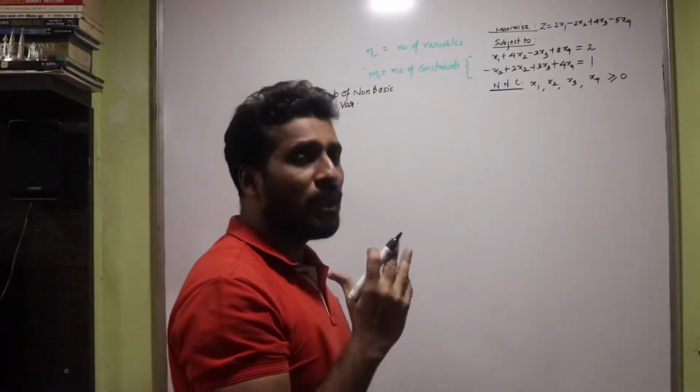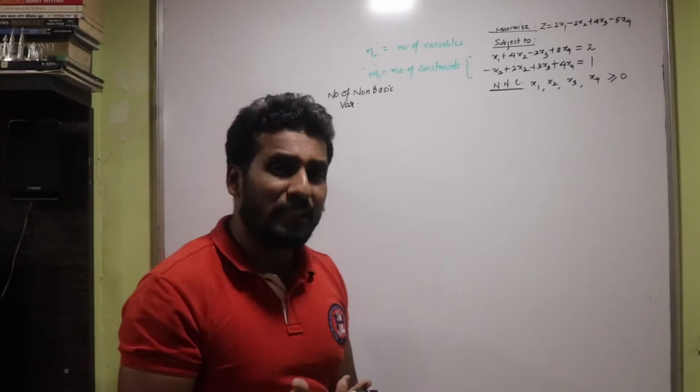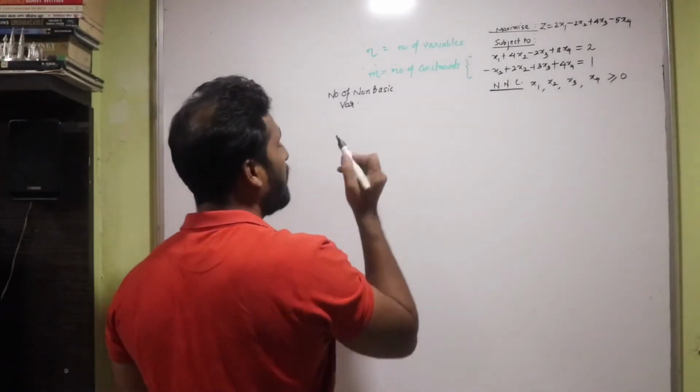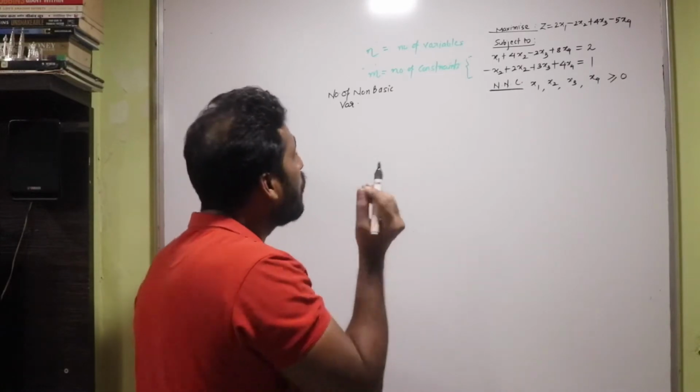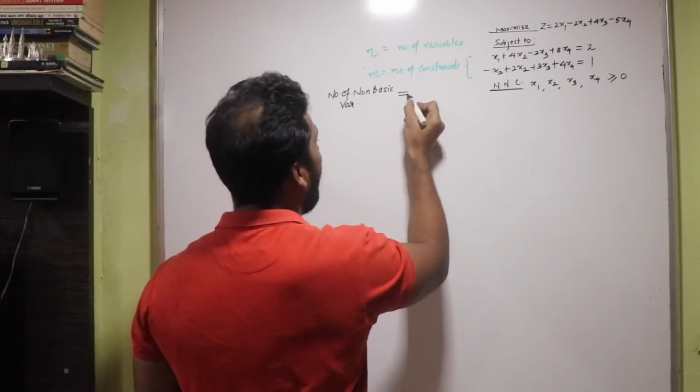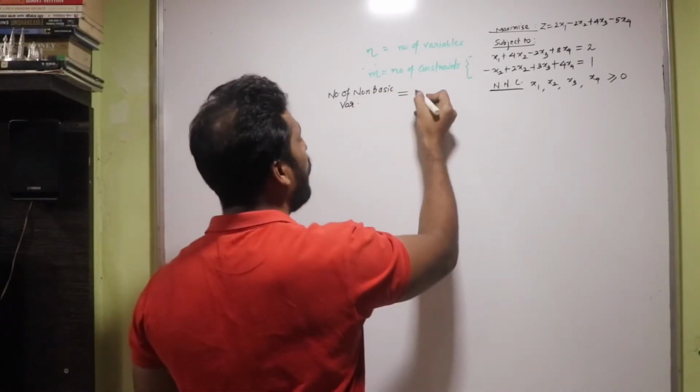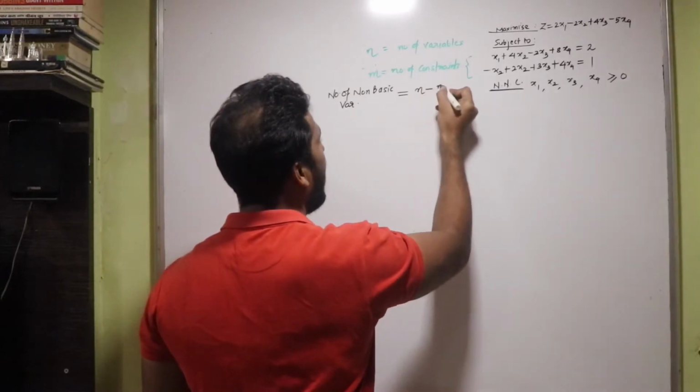So has this question popped up in your mind? What's a non-basic variable first of all? So students, wait for a moment. I'm going to tell you in a fraction of a second what is a non-basic variable. So first of all, the number of non-basic variables, I'm going to get it by doing N minus M.